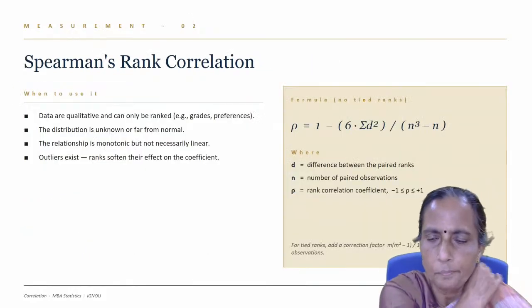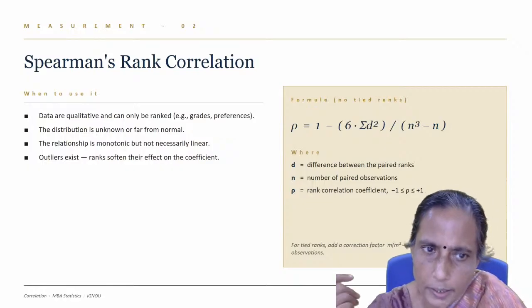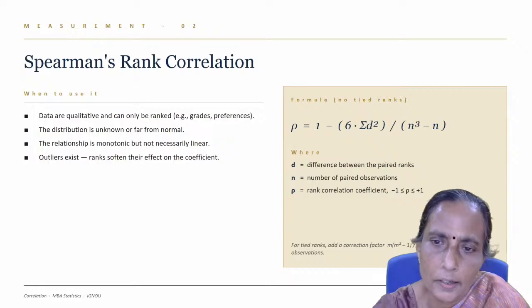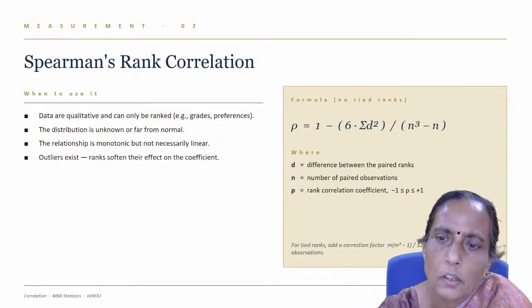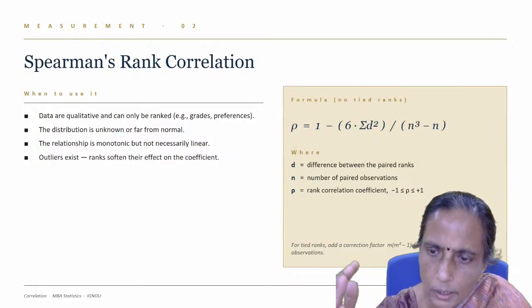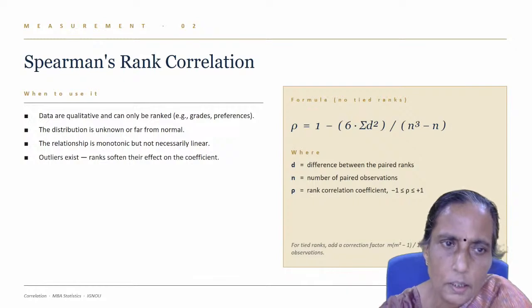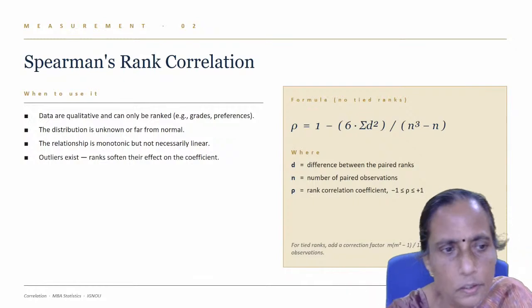Spearman's rank correlation, when to use it? If data are qualitative and can only be ranked, suppose your exam results are in grades, so the students can be ranked as rank 1, rank 2 and so on. In such situations you can calculate rank correlations.